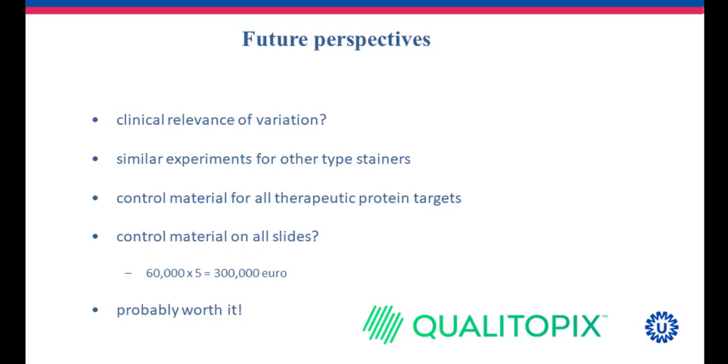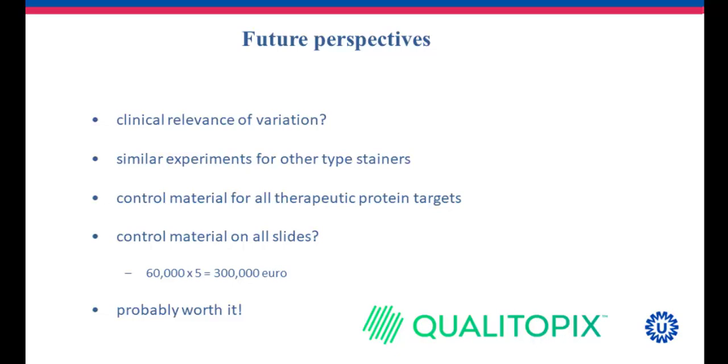What we would like to do is similar experiments for other types of stainers, because by far, I think this is unique for the Ventana stainers. I'm not aware of any other published experiments on other types of stainers, but I know they are ongoing in different places of the world. And I've heard, not seen, I've heard that the variation detected was the same.